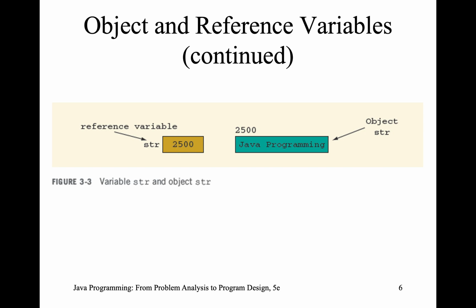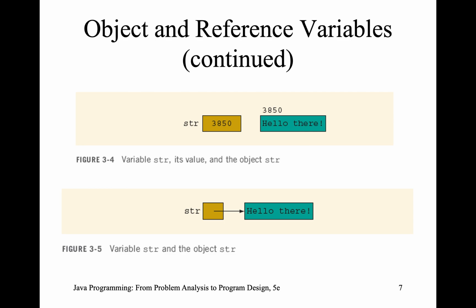You have to drive and find the address of where she lives. This is kind of like that. str contains the address, and str itself is in a memory location, but it's a memory location that contains addresses or references to where to find the objects.